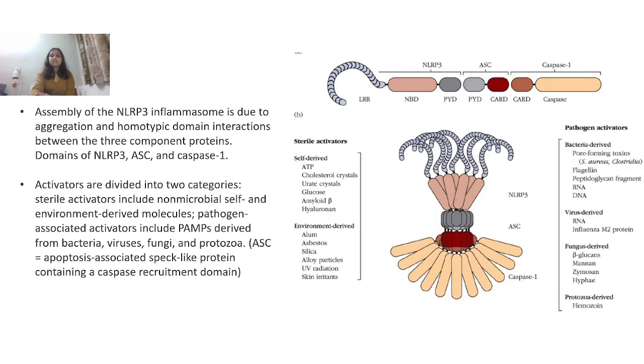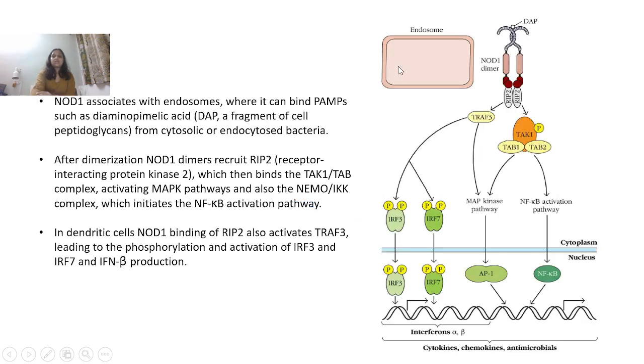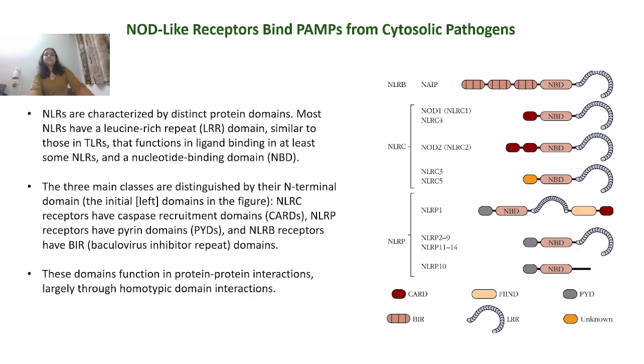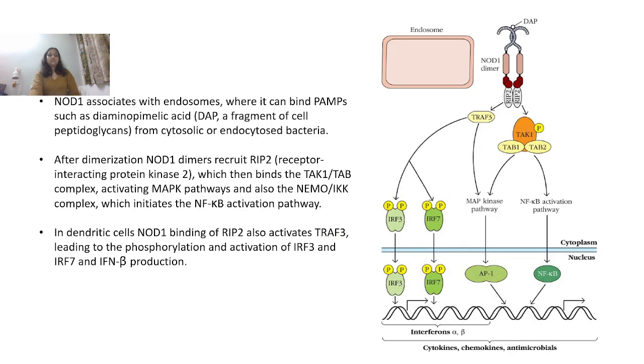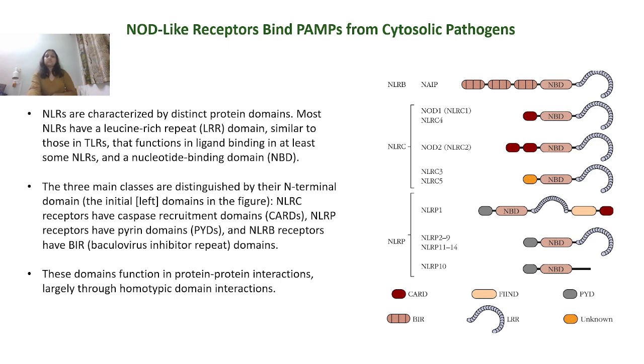So here you can see the structure. Caspase, this is the NBD, this is the NLR, NBD, PYD, this is the NLRP3 as I already told. The NLRP family is the most important NLR inflammasome.